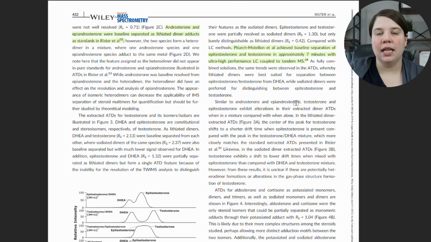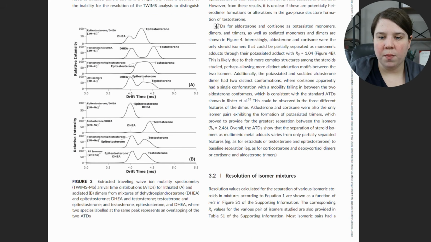But I think what I really lacked in this discussion was a good understanding of why all of these things are happening. Why are some things close together? Why are some things far apart? One place where I did talk about the why is in here. So I say that they were the only steroids that could be separated as a monomer. And then I say this is likely due to their more complex structures among the steroids separated.